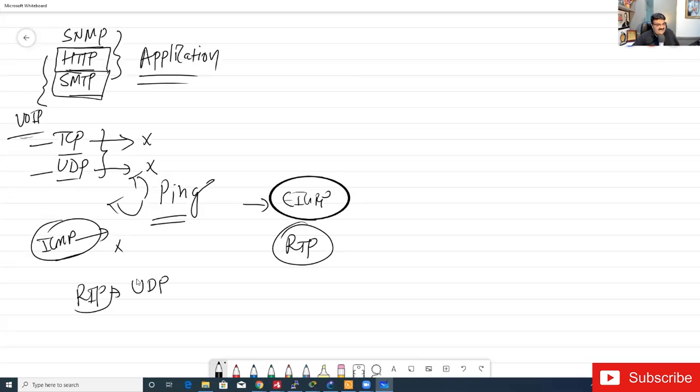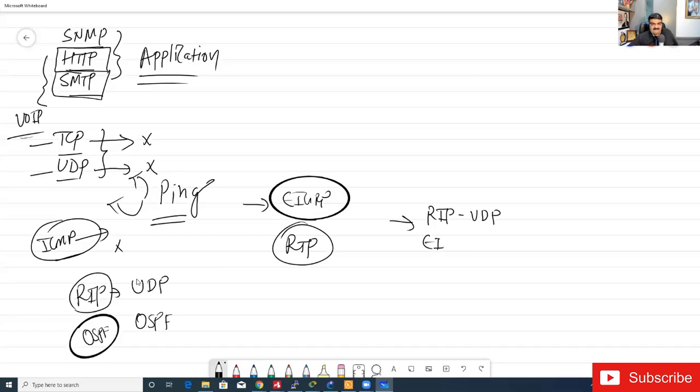We have this RTP, which is also a transport layer protocol used by EIGRP. So same like ICMP, EIGRP also has its own. It is using RTP as a transport layer protocol. OSPF is also using OSPF as a transport layer protocol. So keep this in mind. Let me give you detail of all. RIP is using UDP as a transport layer protocol.